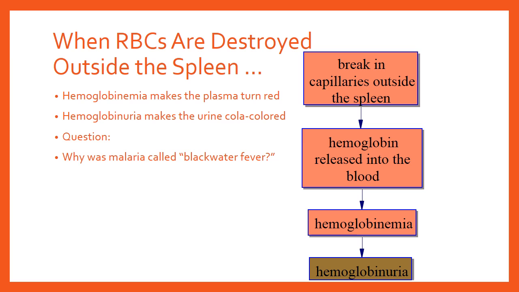It will result in hemoglobinuria, and the kidney will try to remove the broken or freely floating hemoglobin out of the body. I tried to make the squares the appropriate color, and you will see hemoglobinuria is a brownish color.